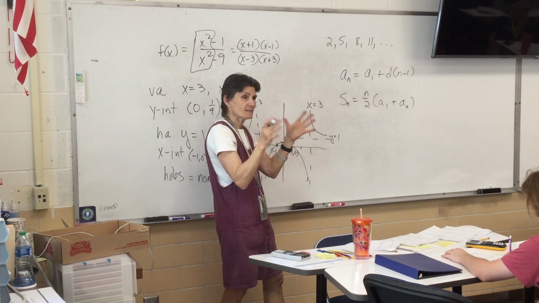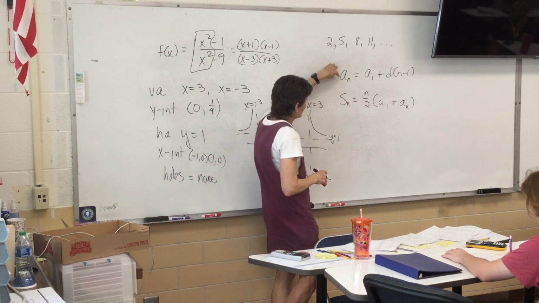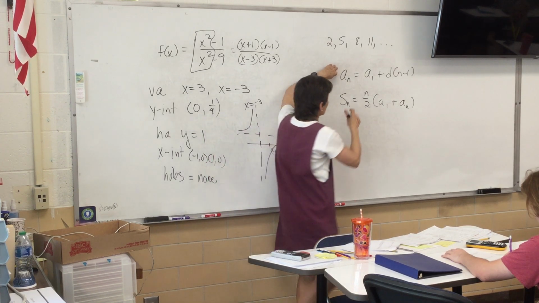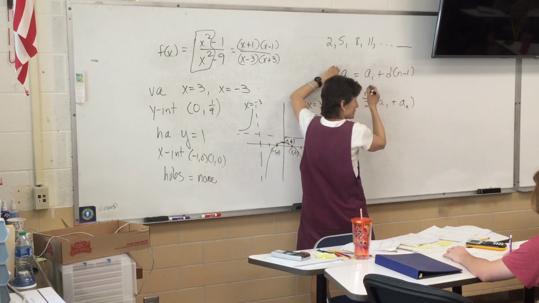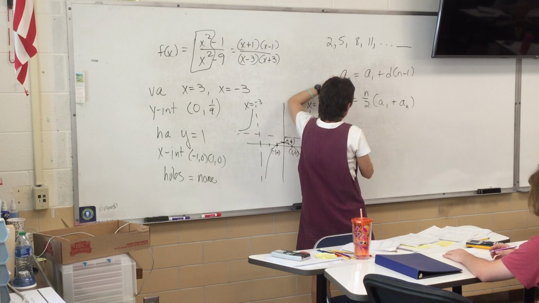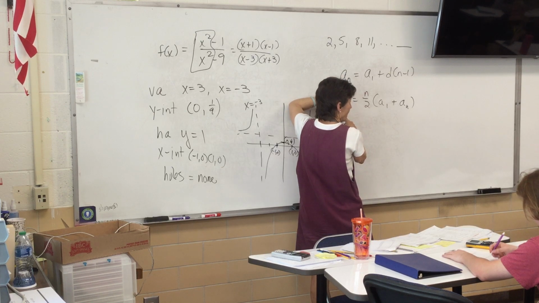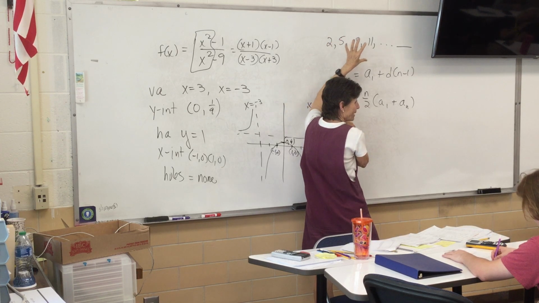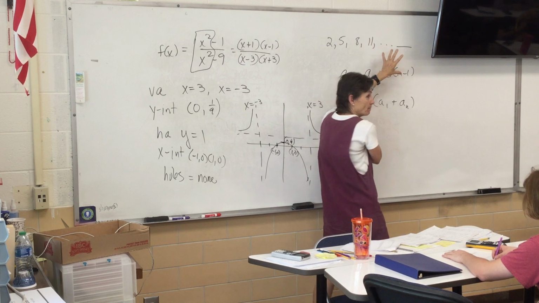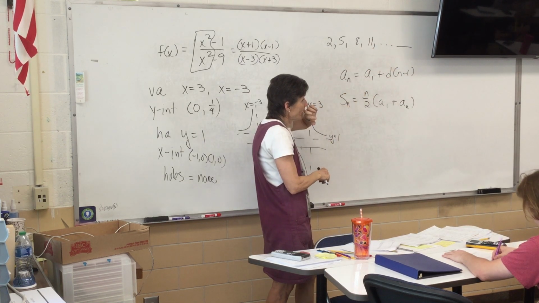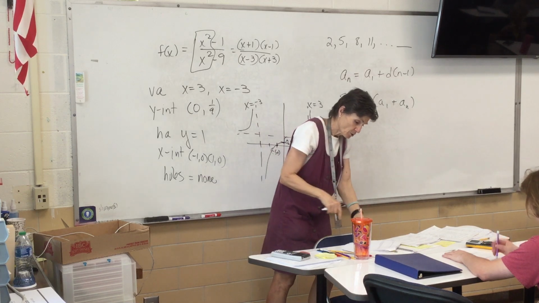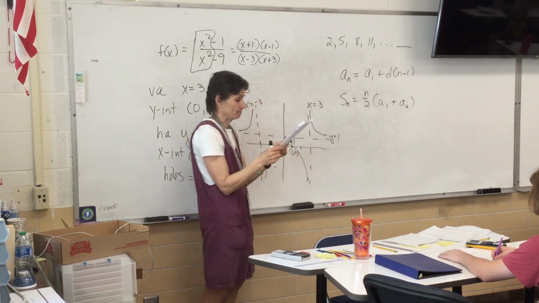Because what you have to decide is, if you're going to use this formula, you are looking for the last term, the 100th term. If you use this formula, you are looking to add all of these up. This is the sum. Okay? So read the question. Which one do you think it is? What do you think is happening?